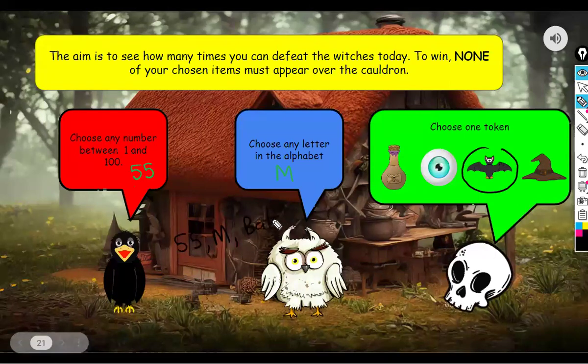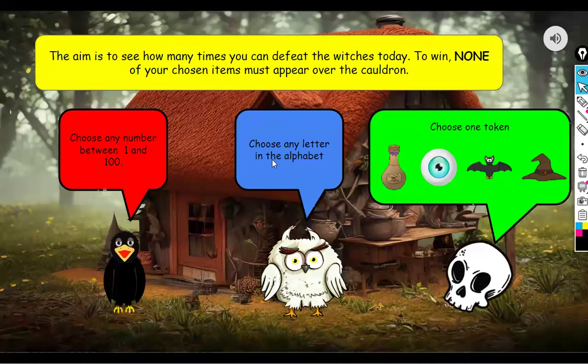And what needs to happen is that the witch is going to pull things out of a cauldron. And if any of your items appear, you lose. So the aim is for none of your items to appear. Once one item appears, you lose. So send your selections, right? Take your time. Take a few seconds.